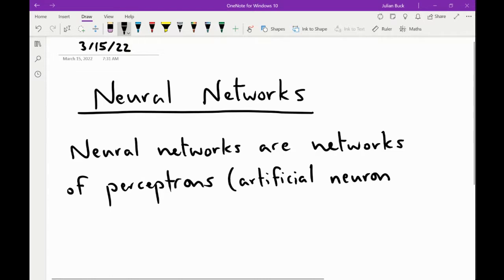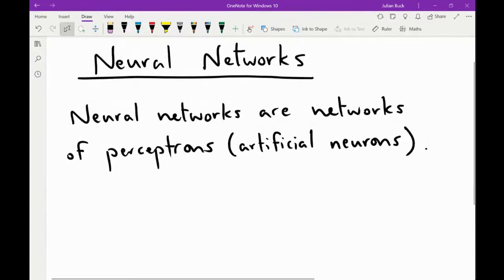All right, so if the perceptron was at least in kind of an early attempt to construct some sort of artificial neuron, then one way to think about neural networks correspondingly. So if we're networking together artificial neurons, what we are hopefully getting then is some kind of artificial brain, right?